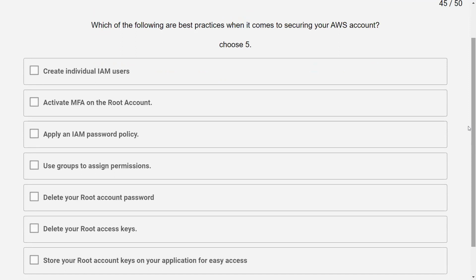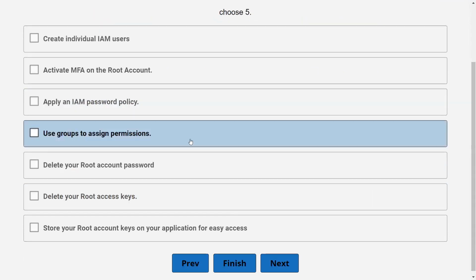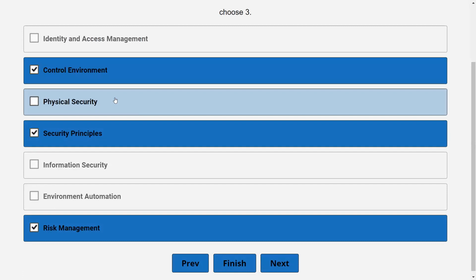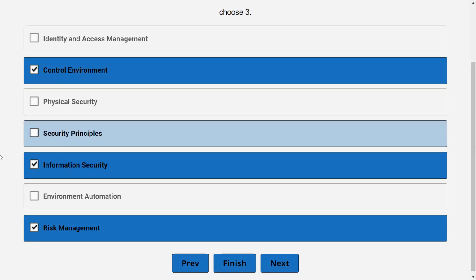So MFA, D, routes for the inside. You will choose 5. Okay, MFA, D. D, E, F. So it's not Environment. BDF. So it's this one. Information security.